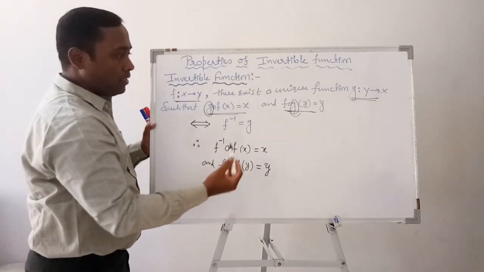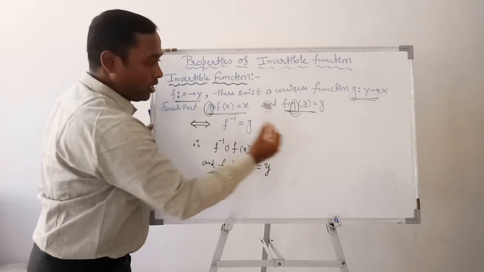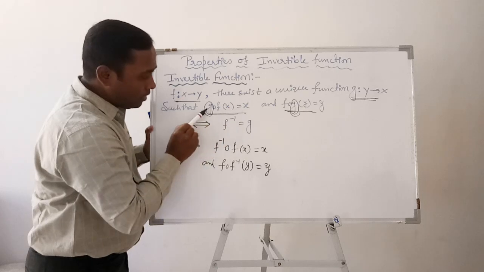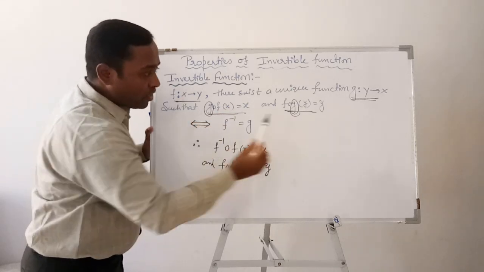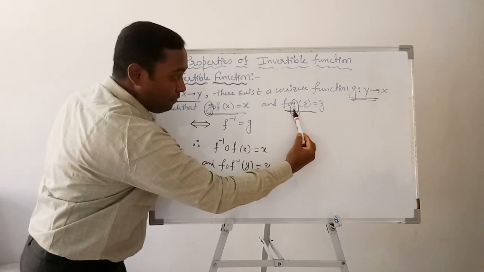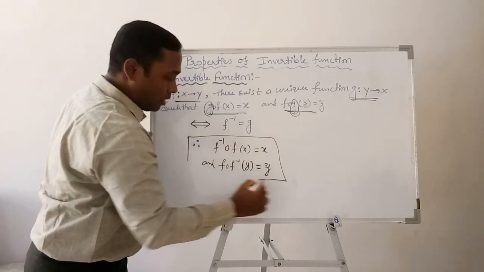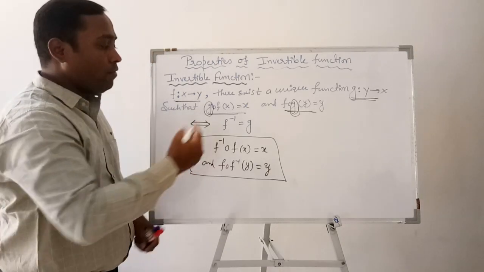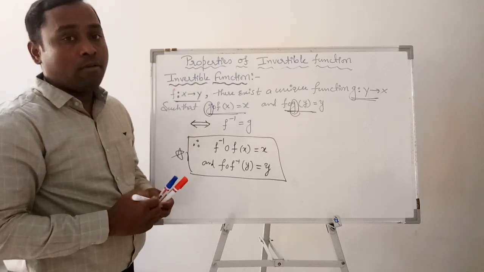I repeat, I simply replace g with f inverse in these two conditions. So if g circle f of x is x, then f inverse circle f of x is also x. Similarly, if f circle g of y is y, then f circle f inverse of y is also y. I am writing these two statements because they will be very useful when we prove some important properties based on invertible functions.